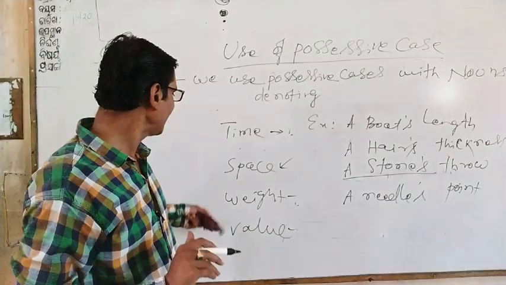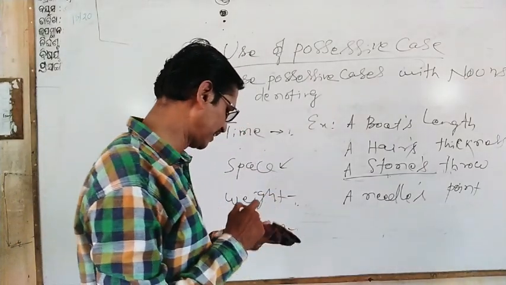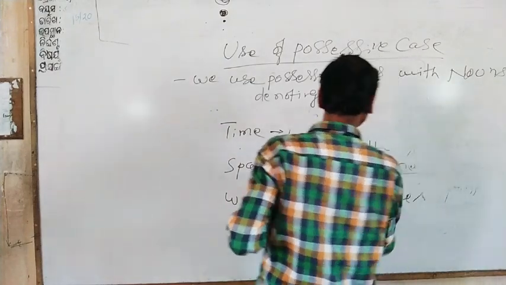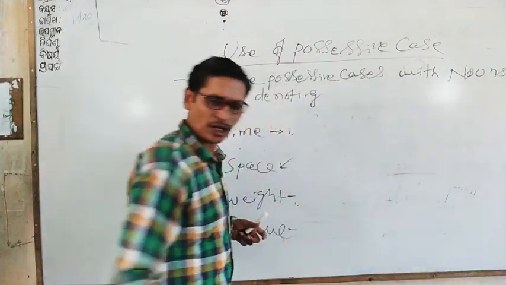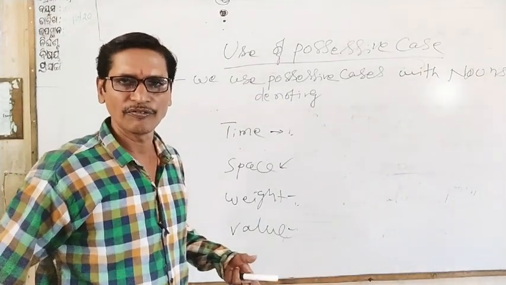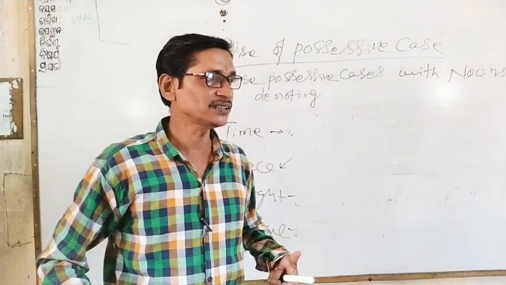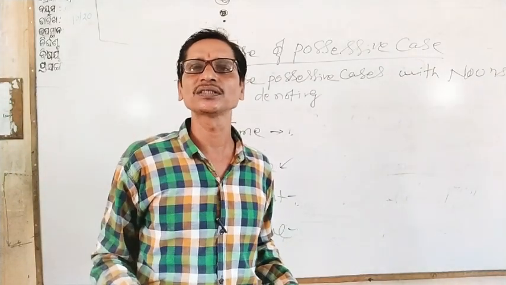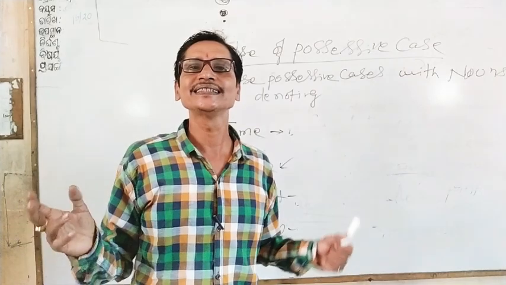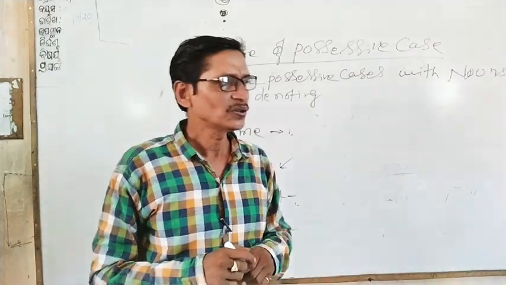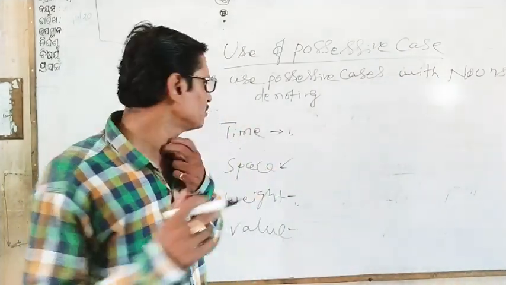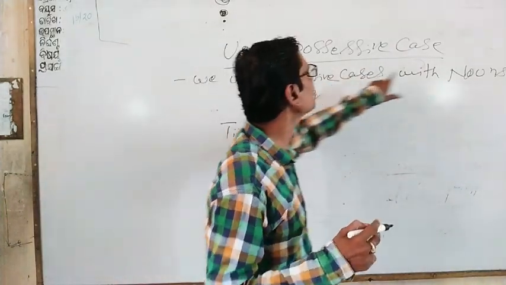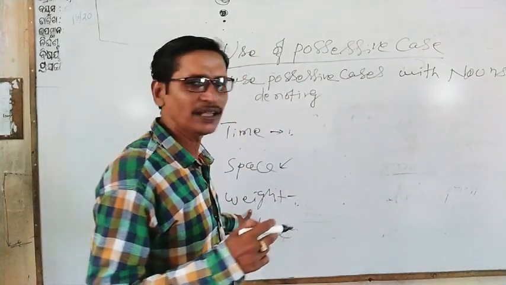Okay? So, similarly, let's talk about the weight. Weight, that means the mass. 2 kilos, 5 kilos, 1 quintal. These are what we say the weights. We can give the example when we use the possessive case with the nouns denoting the weight.